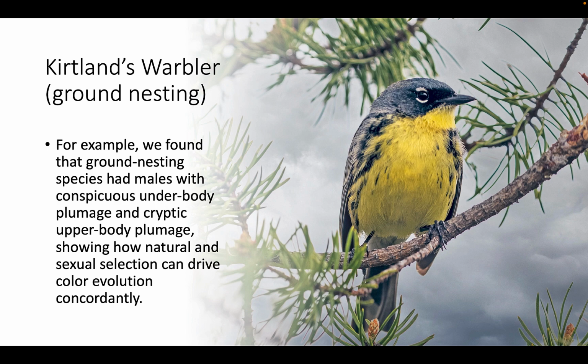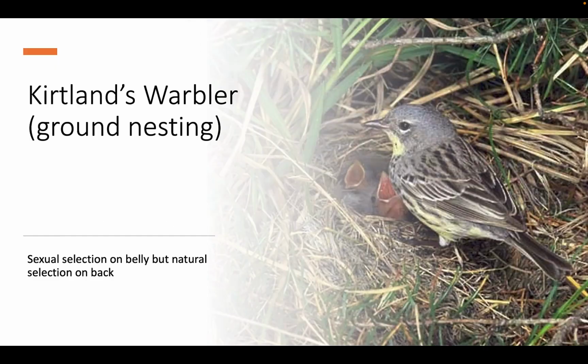So the backs of these are cryptic and the bellies are conspicuous. And it shows that evolution can be driven both by natural and sexual selection at the same time.